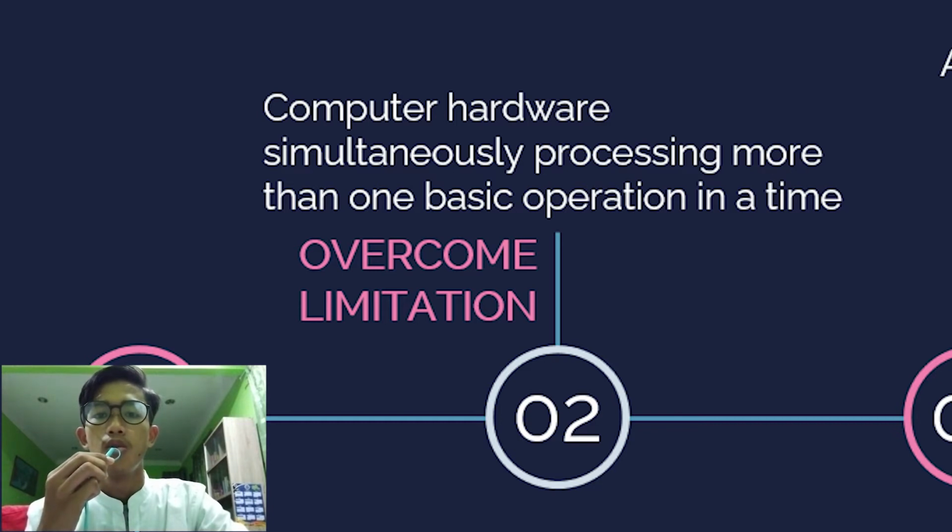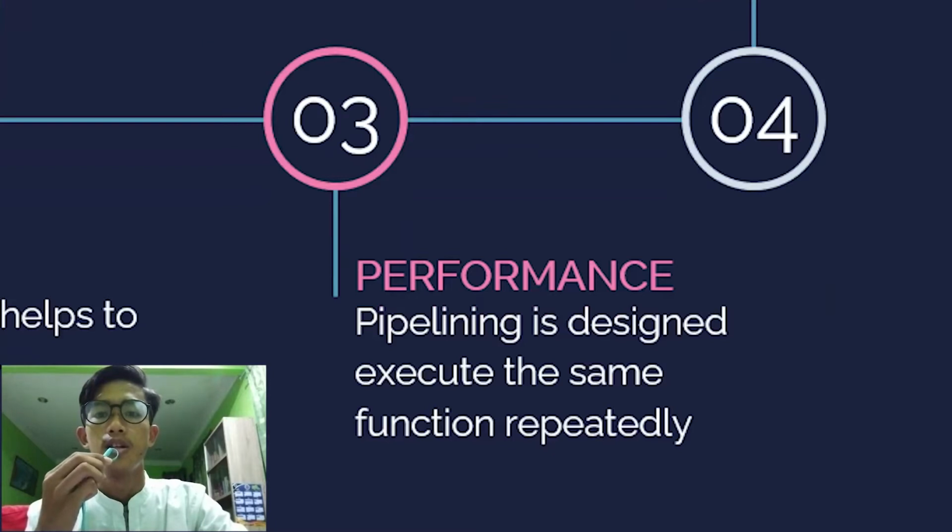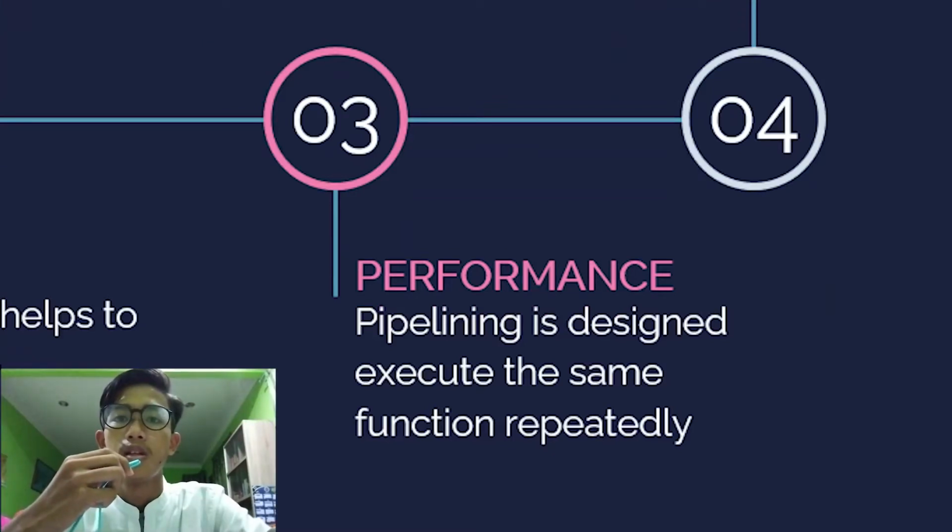The main goal of designing a computer pipeline is clearly performance. Pipelining splits the function to be performed into smaller pieces and allocates separate hardware to each piece, termed a stage. Pipelining is designed to execute the same function repeatedly.